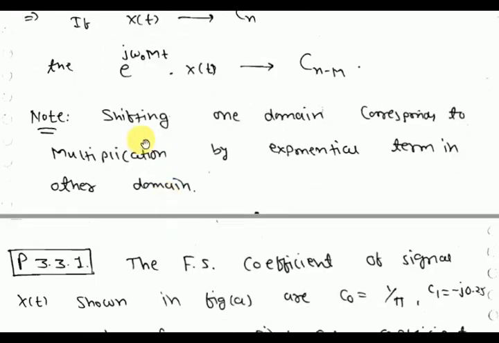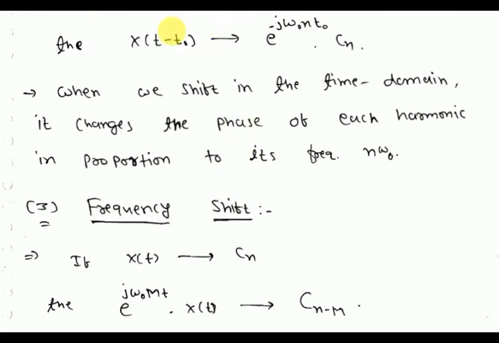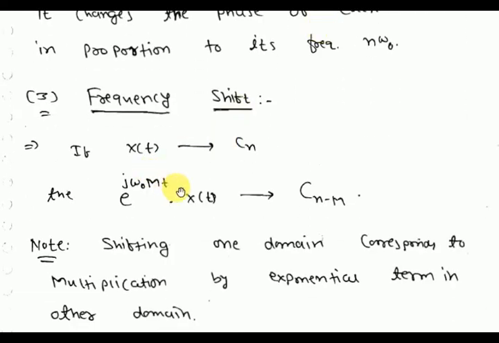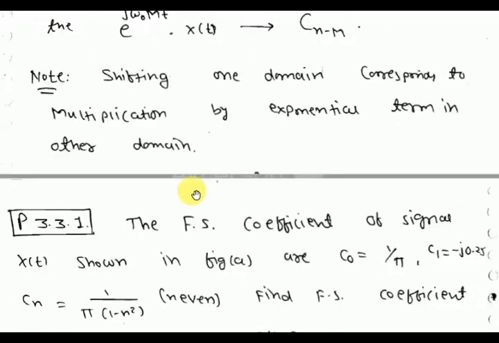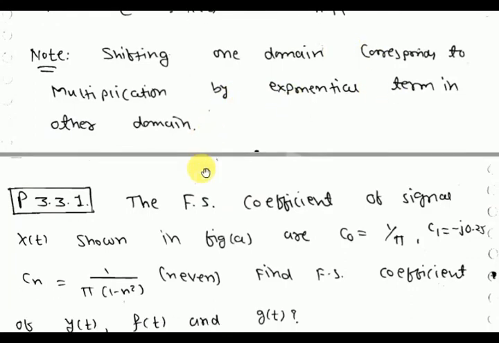Also notice that in time shifting the variable term is n, but in frequency shifting the variable term is t, so take care of it. Remember, shifting in one domain corresponds to multiplication by an exponential term in the other domain.